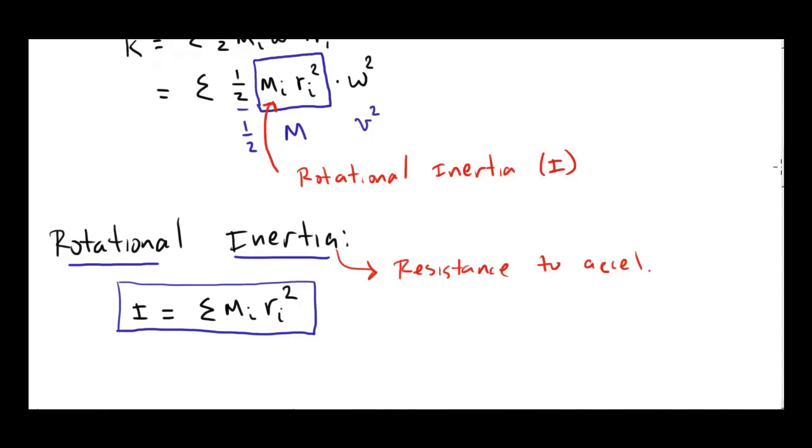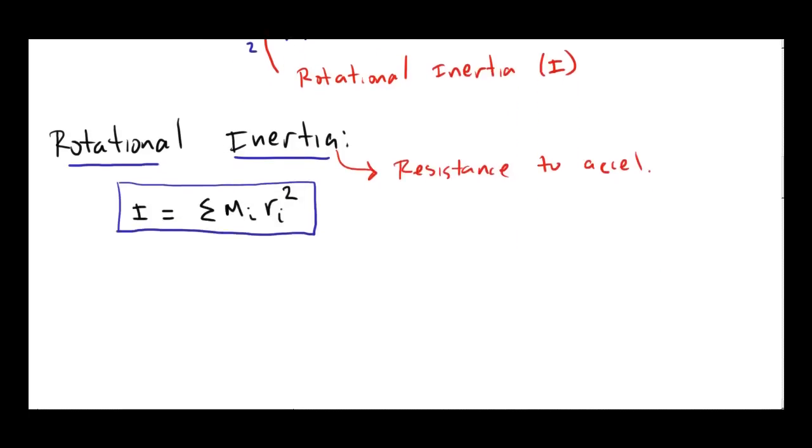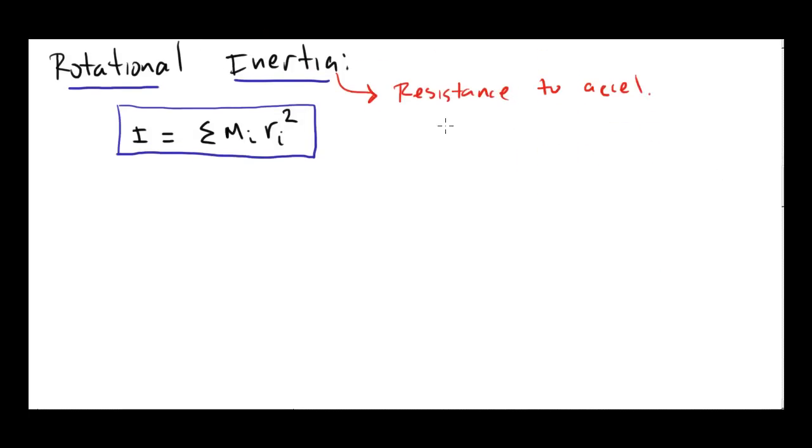And this isn't maybe obvious, but what this means is the resistance to spinning, if you have an object that's spinning, is related not just to how much mass there is, but the distribution of that mass. To give you a sense, let's imagine you had two spinning objects. So let's imagine a disk.